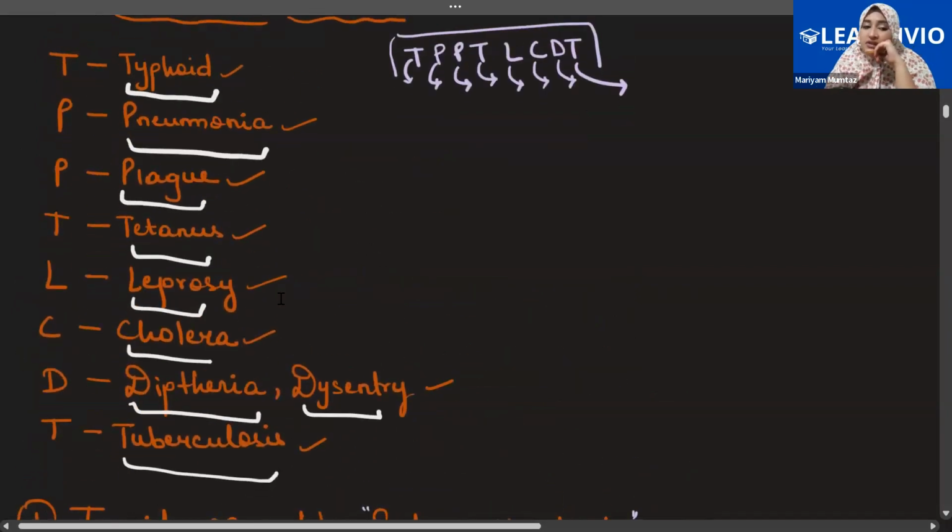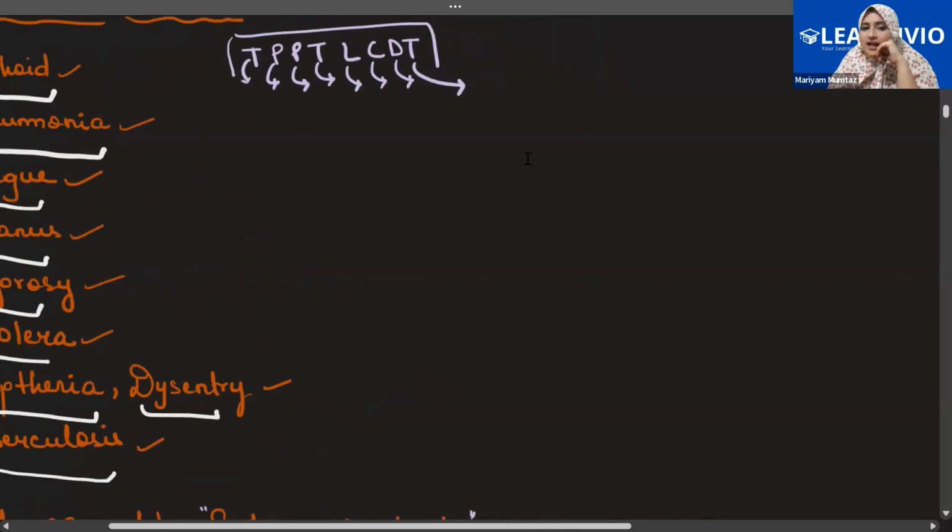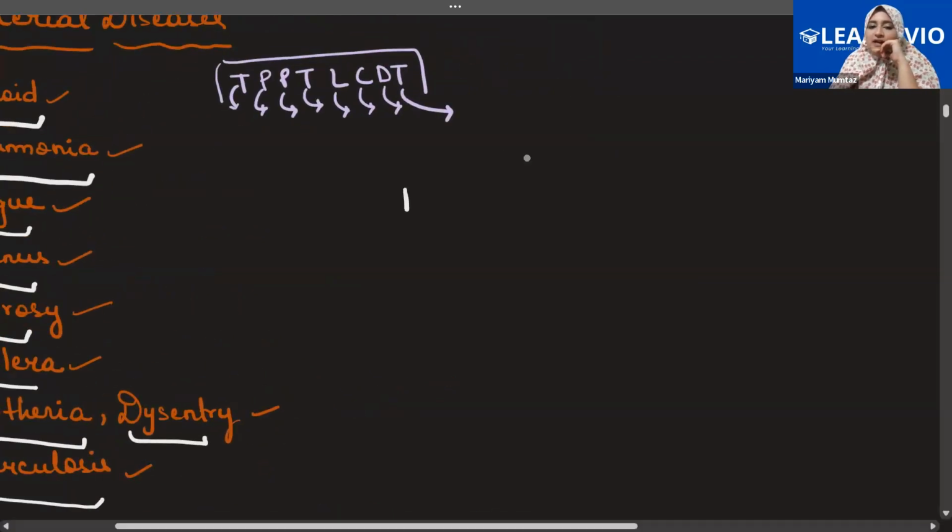Now, how do you remember so many names? Again, I have a mnemonic for your rescue. We have T, PPT, LCDT. Just try to remember this: T, PPT, LCDT.